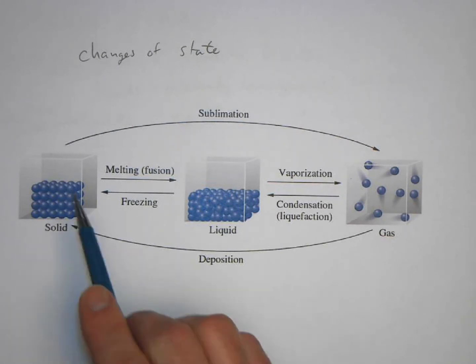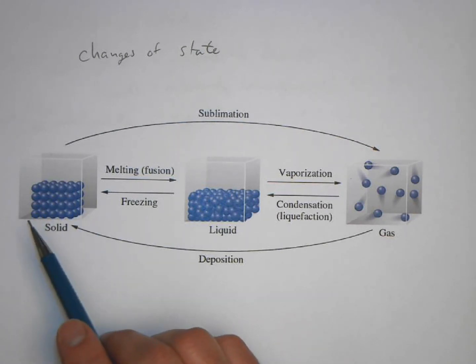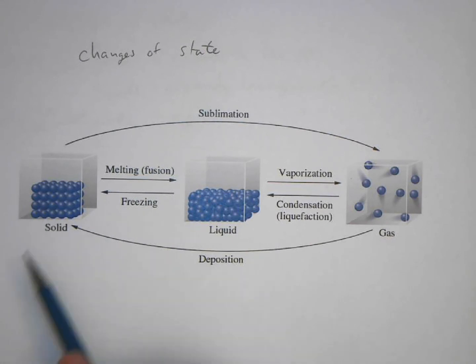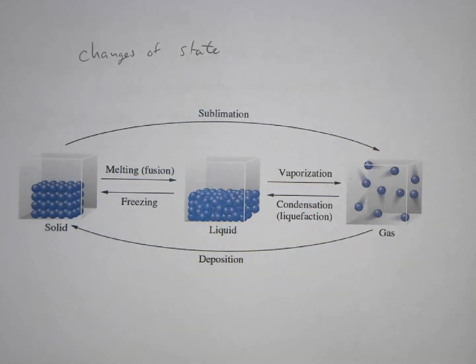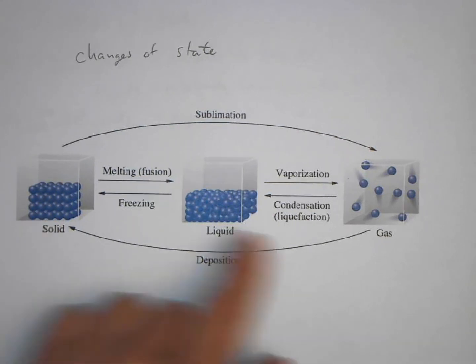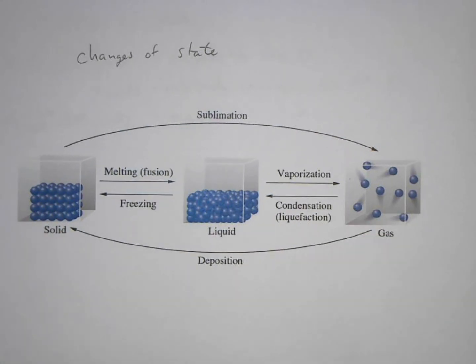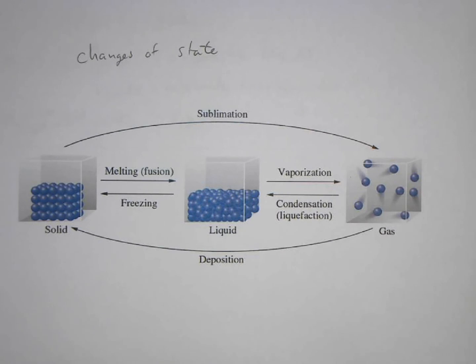We can also go directly from a solid to a gas for some materials. That's called sublimation. Again, you're familiar with sublimation. Dry ice sublimes from the solid directly to the gaseous state without having a liquid state in between at atmospheric pressure and temperature.